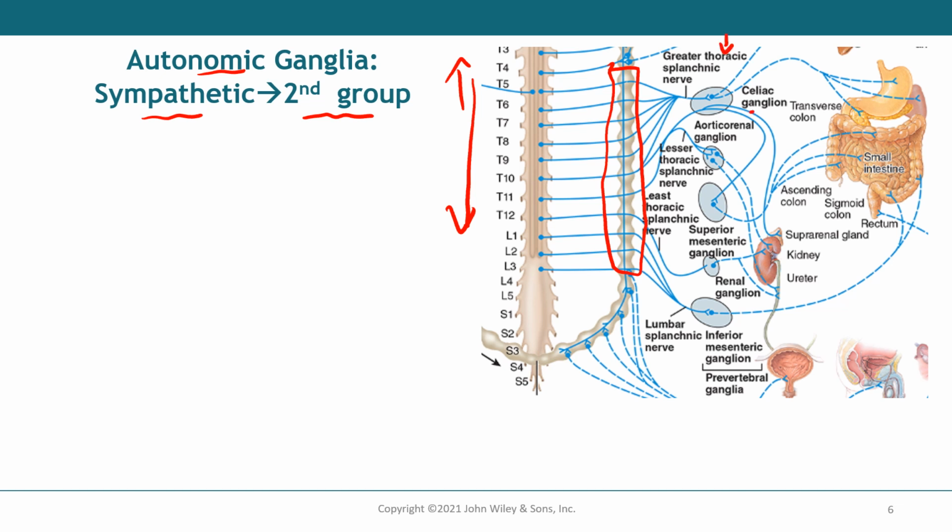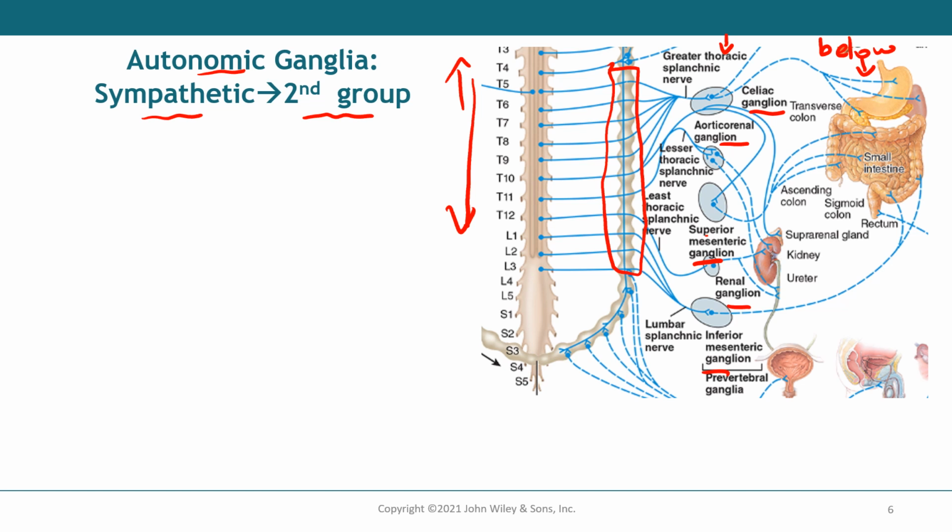You can see there are 5 major groups that I will show you the names of in a second. And the most important thing is, if you remember, the diaphragm was very important because the first group innervates organs that are above the diaphragm. Here they innervate organs that are below the diaphragm, like the kidneys, the intestine, etc.